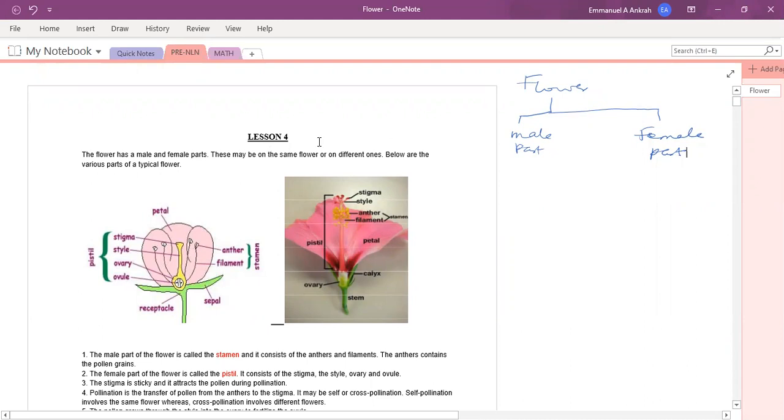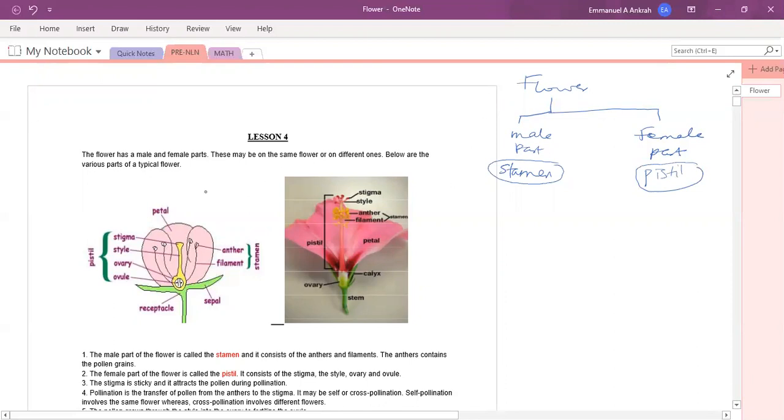Now the male part is what we call the stamen. The word is stamen, that's the male part. And the female part is what we call the pistil. So the stamen and pistil.